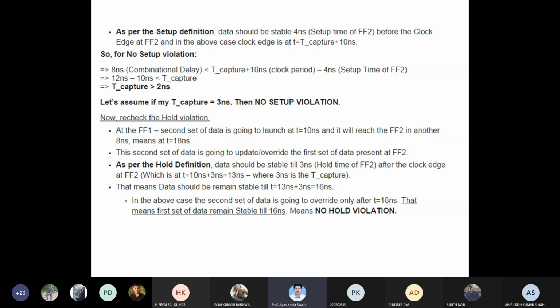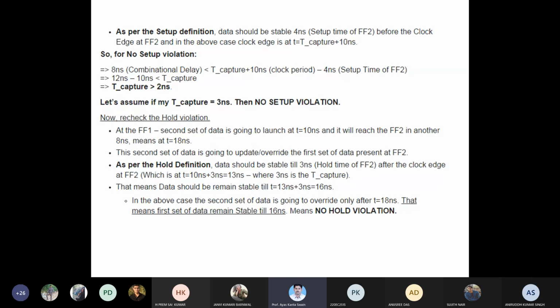Okay, so now check about the hold violation. At the FF1, second set of data is going to launch at 10 nanosecond. Okay, and it will reach FF2 in another 8 nanosecond, that is 18 nanosecond, right? So the second set of data is going to update and overwrite the first set of data present at FF2.